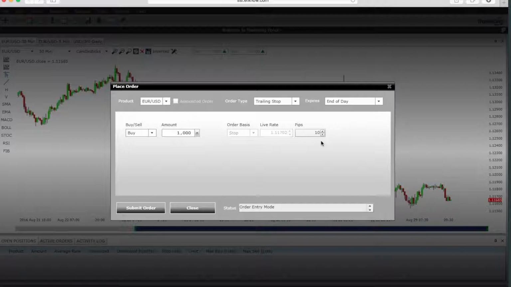So essentially, as the price goes up, so does your stop loss order. And of course, you can adjust how tight that is, depending on your risk preferences.